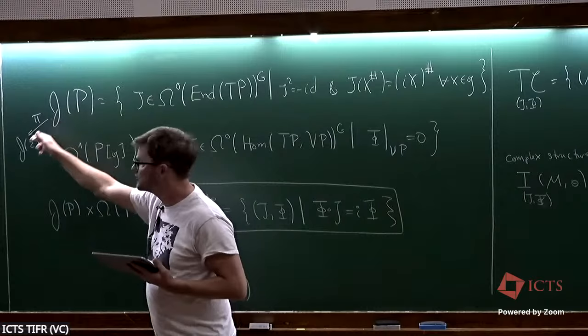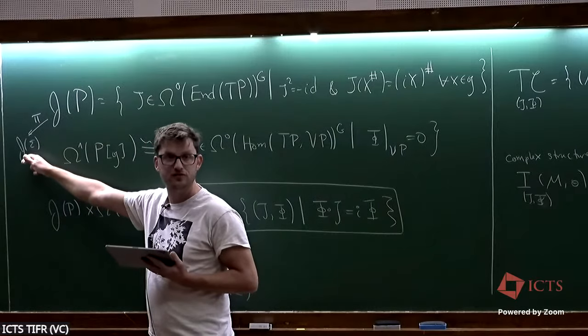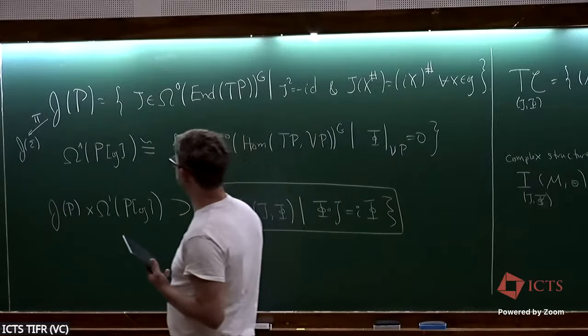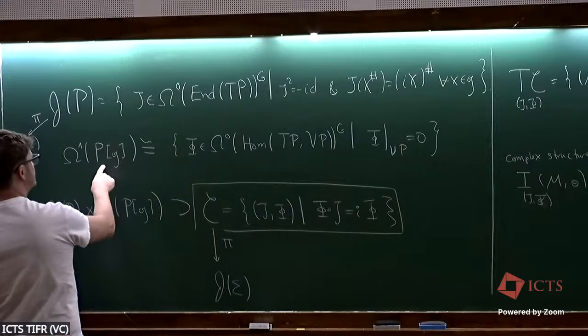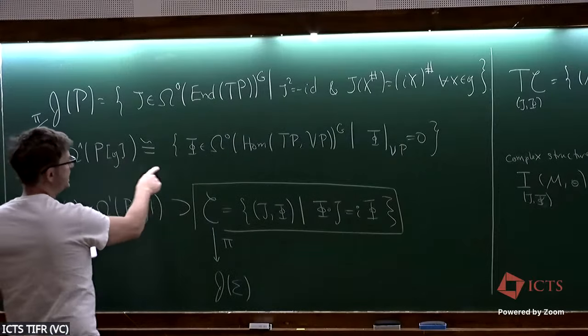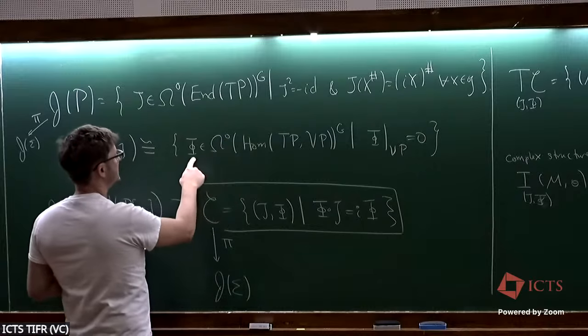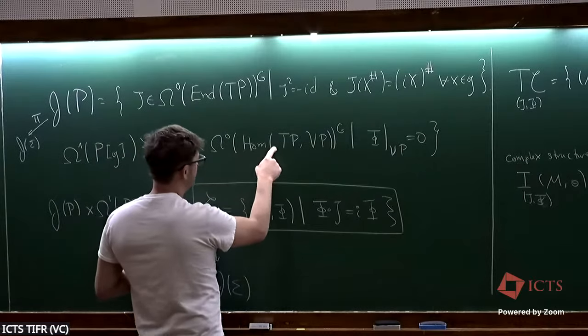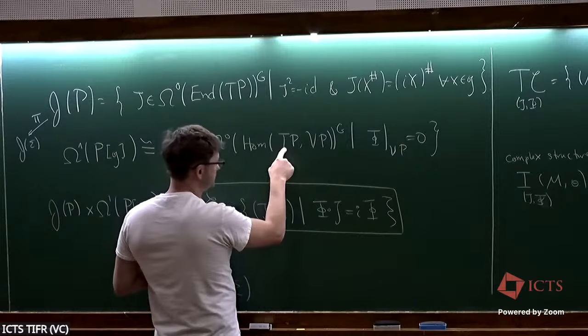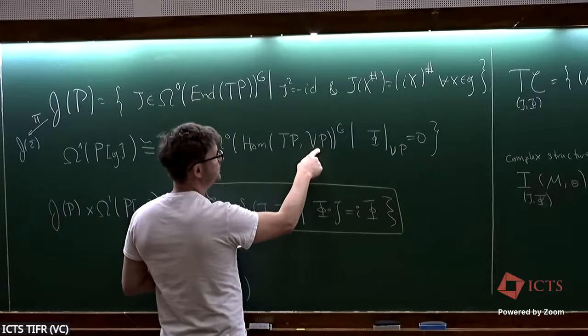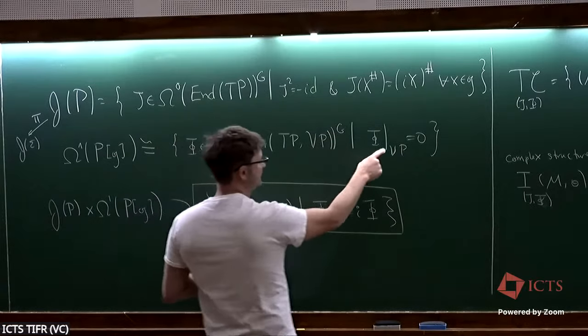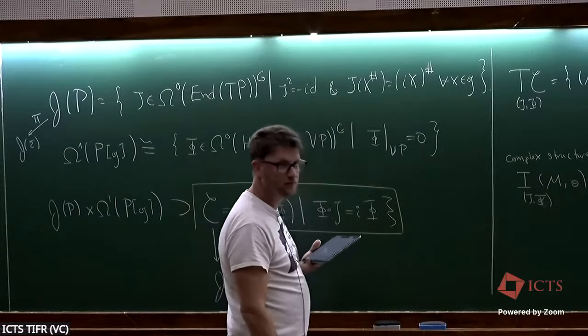Namely, there's a projection map to complex structures on the surface. And I'm going to think of one forms valued in the adjoint bundle on the total space of the principal bundle. Those are exactly sections of Hom from the tangent bundle to the vertical bundle that are equivariant and vanish on the vertical piece.